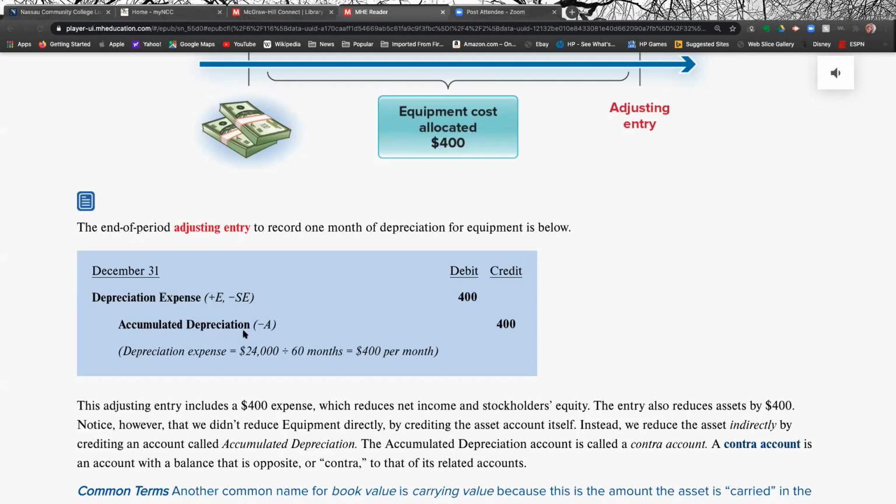If you go back to my notes, I said when it comes to prepaid expenses, you debit expense and you credit an asset or contra asset. Accumulated depreciation is an example of what's called a contra asset. Contra means opposite. So if assets have debit balances, contra assets have credit balances.